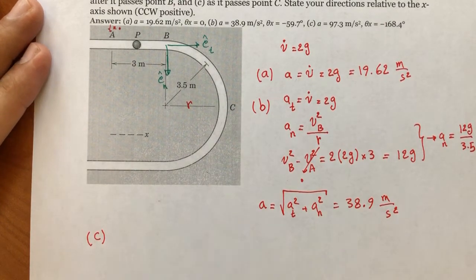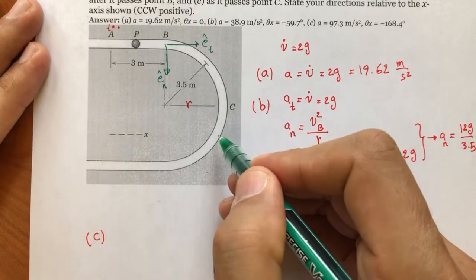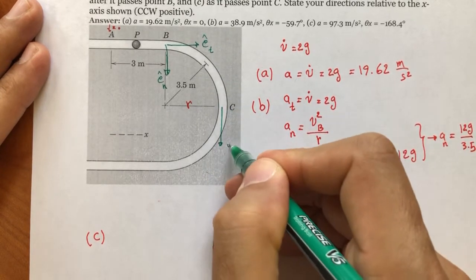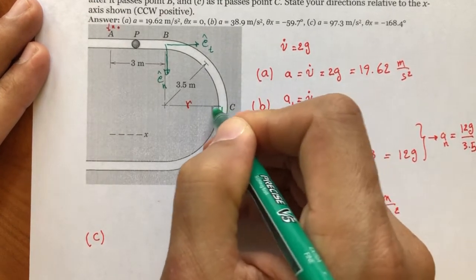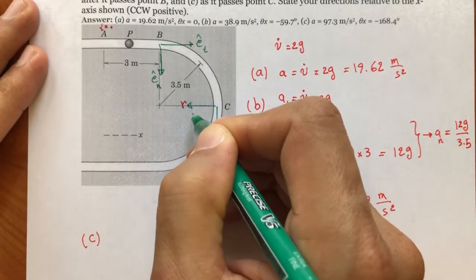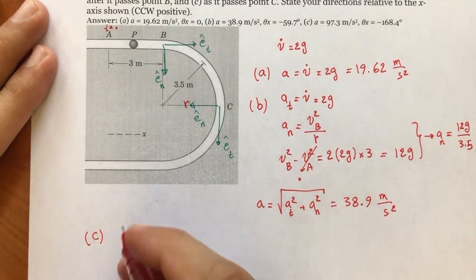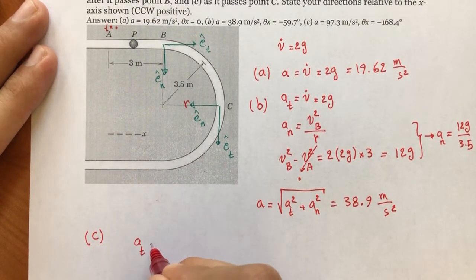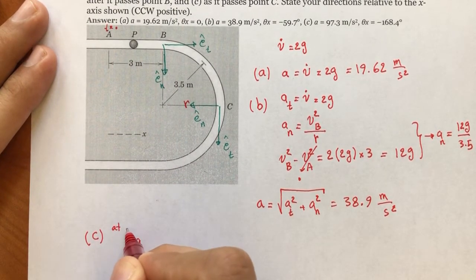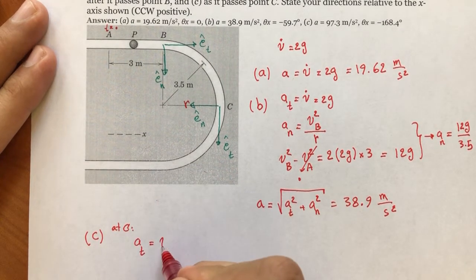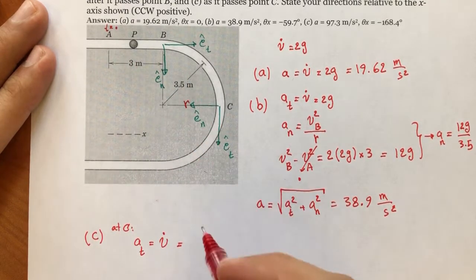Again, at point C, the particle is moving on a curve. So acceleration is going to have two components, tangential part and also normal part. Acceleration in the tangential part at point C is equal to v dot, and we know v dot is constant all along this path.